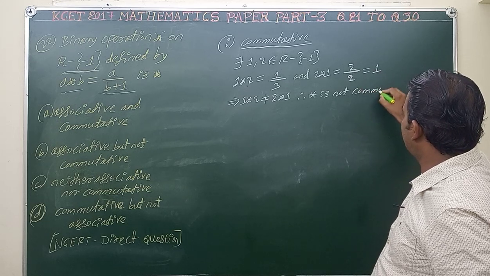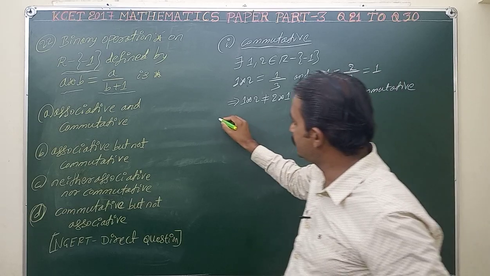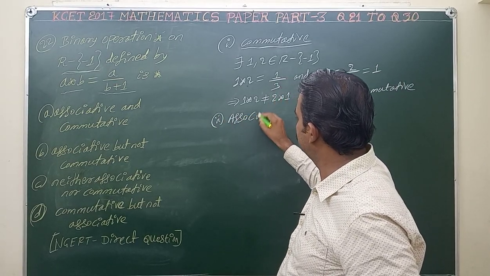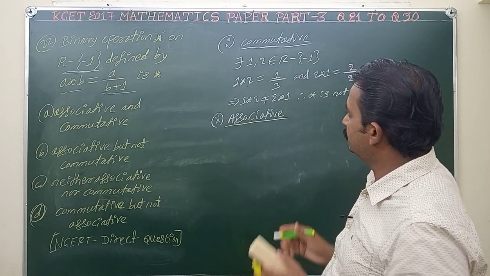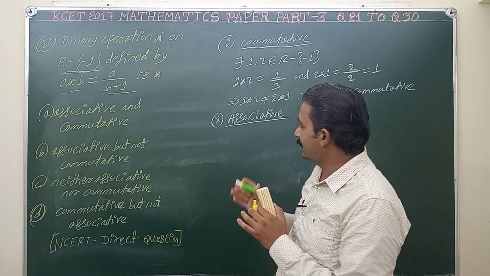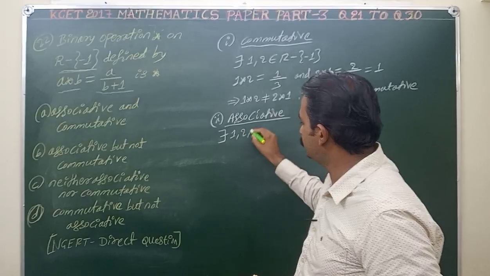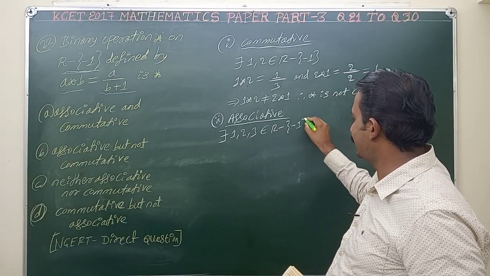Now let us take the second, associative law. In this case we can prove this by taking an example. There exist 1, 2, 3 belonging to the real numbers except minus 1.